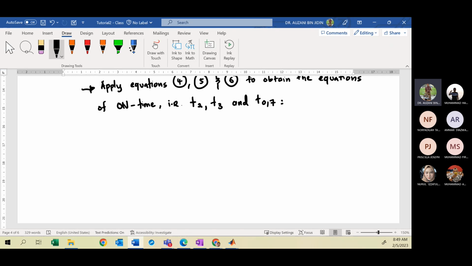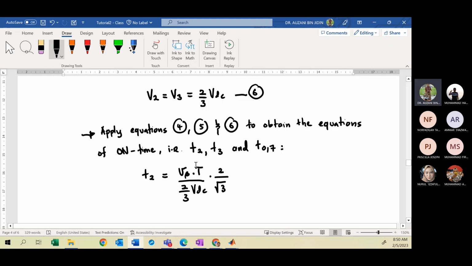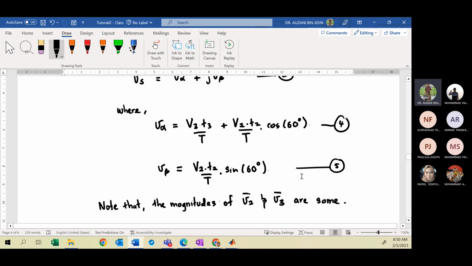So finally you can write the equation of on time. T2 is V beta multiplied by T, then you get 2/3 VDC multiplied by 2 divided by sec 3. So you can solve for T2 by rearranging the equation, using equation number 5. You rearrange equation number 5, then you can solve for T2.